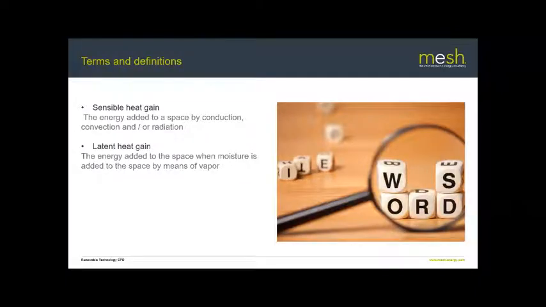This could be through people or from things like plants. The space cooling load is the rate at which energy must be removed from a space in order to maintain a constant air temperature. Effectively, the space cooling load is the addition of the sensible heat gain plus the latent heat gain.